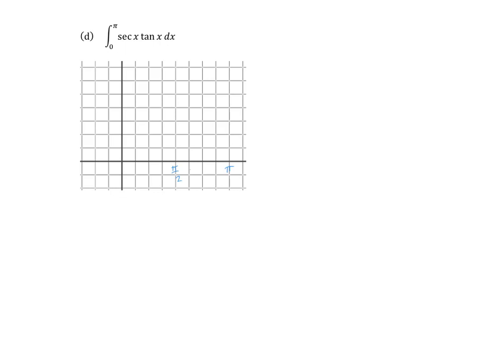So if I look at secant tangent and I graph this in my calculator, what we should see is an asymptote here at pi over 2. At 0, we're at 0, and then these two go up.